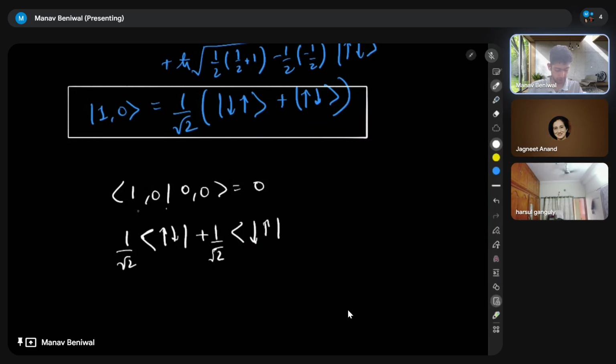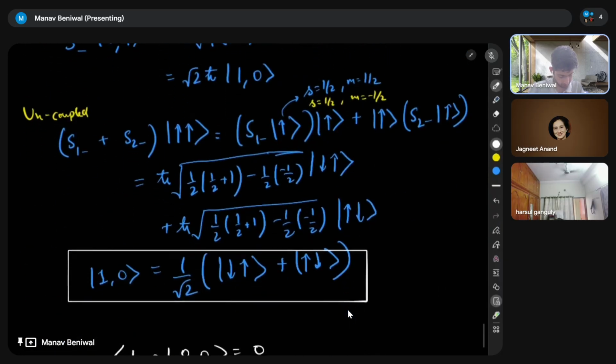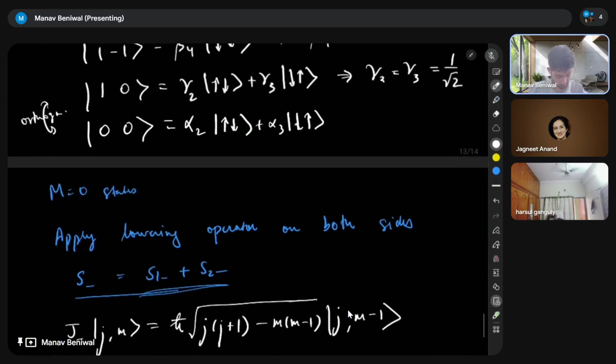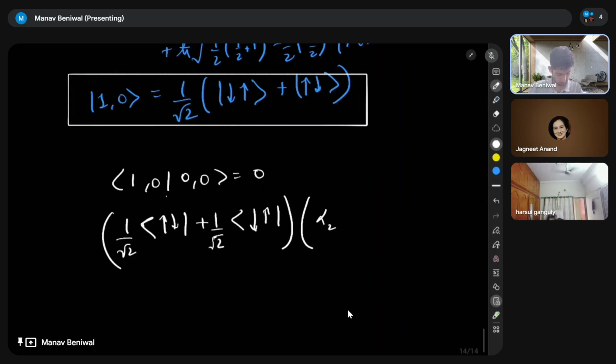This is my 1 0 state, and my 0 0 is alpha 2 for my up down state, plus alpha 3 for my down up state. So this should be 0.